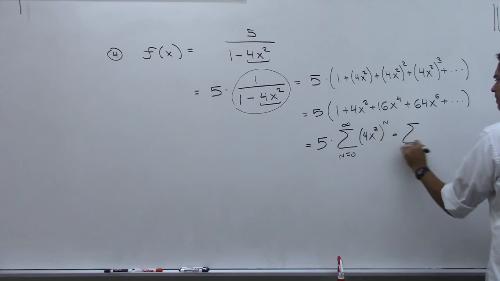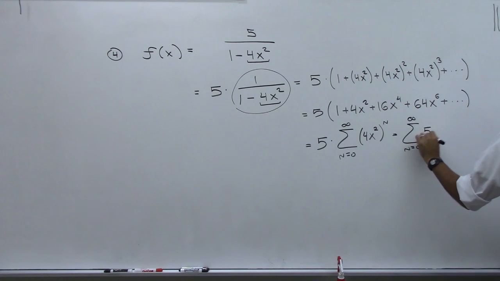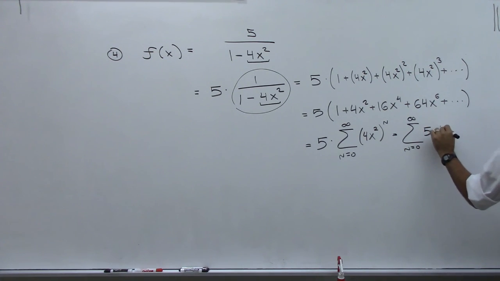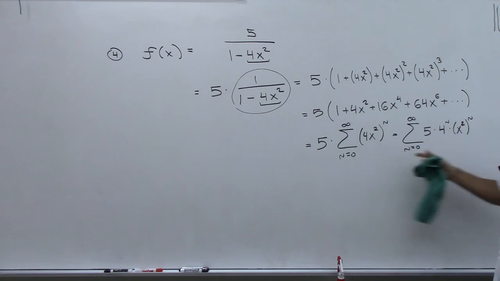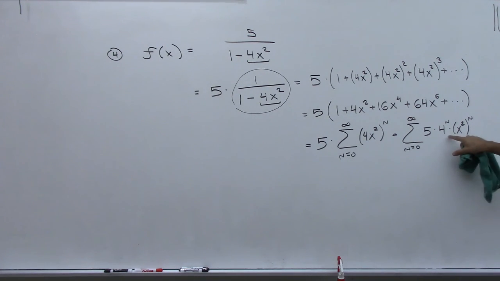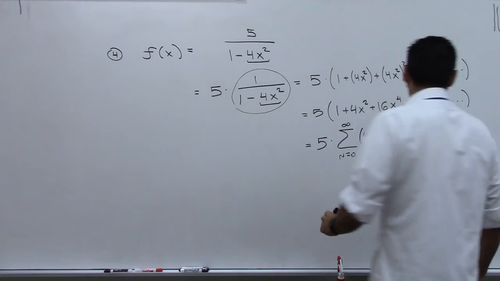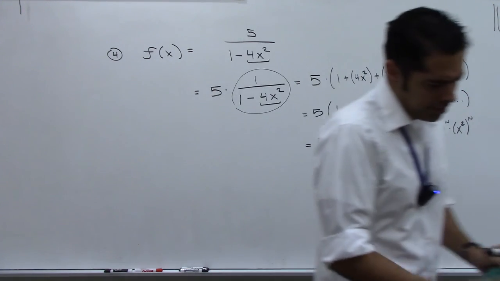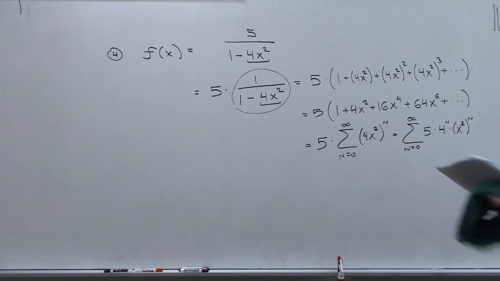So this is sum n equals 0 to infinity of 5 times 4 to the n times x squared to the n. So I just split this up into 2. The n is affecting the 4 and then the x squared. And let's see again if that's what they're wanting the final version to look like. Yeah, they go a little bit further.